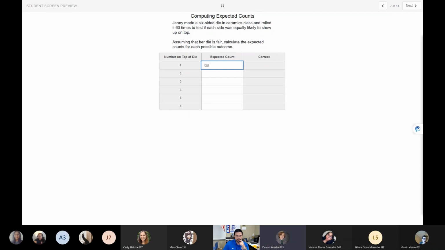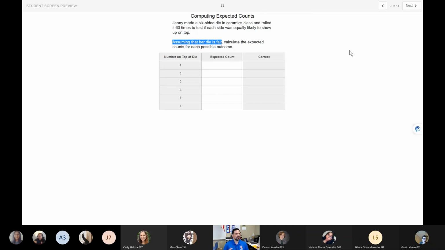Since it's a 6-sided die that's fair, it means each side has an equally likely chance of coming up, so it's a 1 in 6 chance. Exactly. Thank you, Devin. That is exactly right. We are told that we get to assume that her die is fair. It's a 6-sided fair die in our assumption, in our null hypothesis.